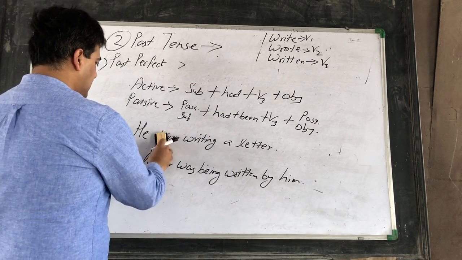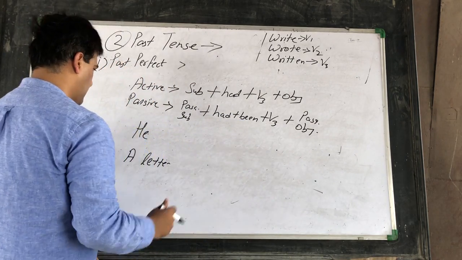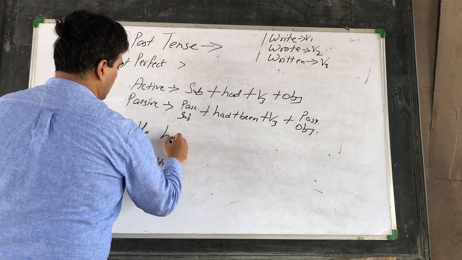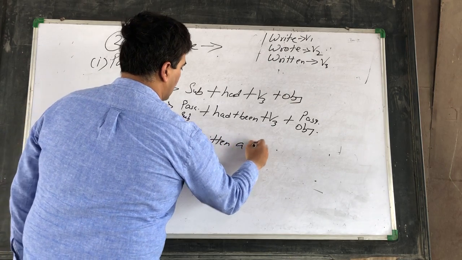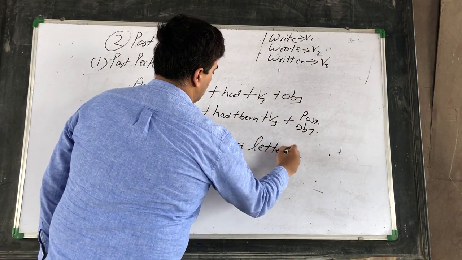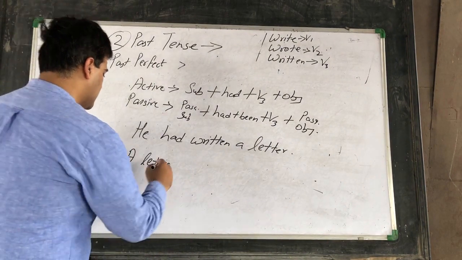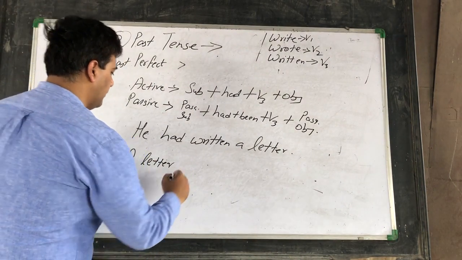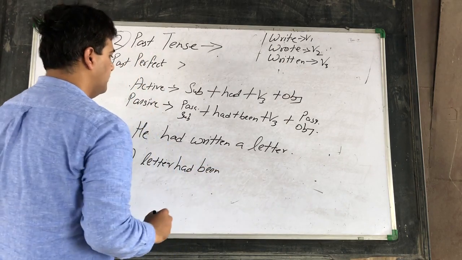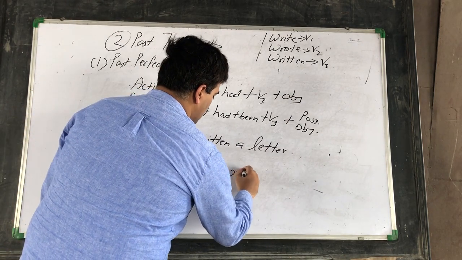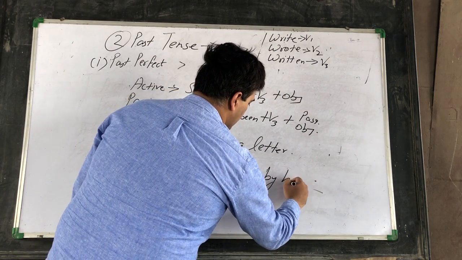Okay, let's see. He had written a letter. Fine. So a letter had been written preposition by, an objective case of the pronoun him.